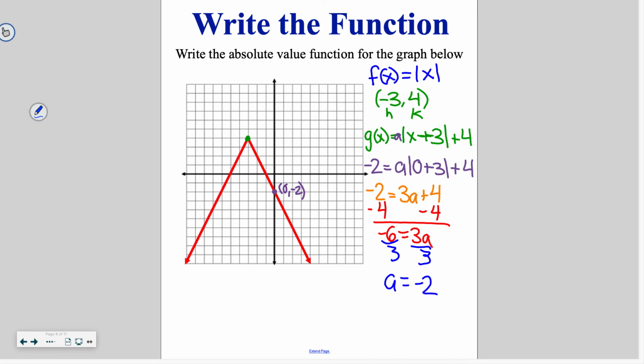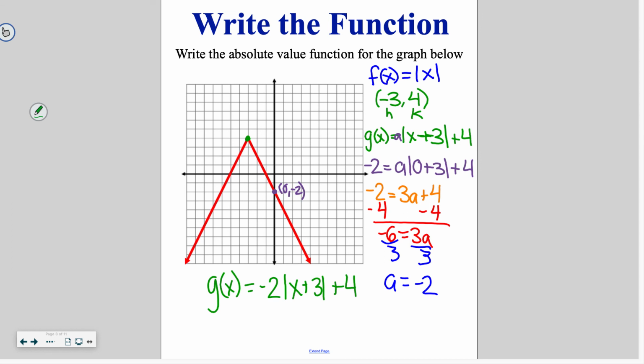Now that is a good thing that we have a negative, because that is how our function flips upside down. So my final equation here, my actual answer for the graph is g of x is equal to my a value, which is negative 2, times the absolute value of x plus 3 plus 4.